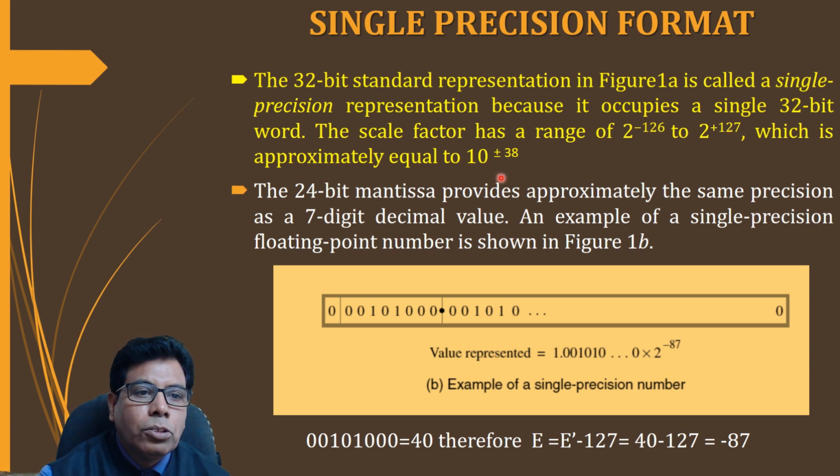So this is approximately equal to 10 raised to plus minus 38. You might have come across this range when you studied the C language, in the integer range, particularly double and integer range, that is nothing but this single precision.